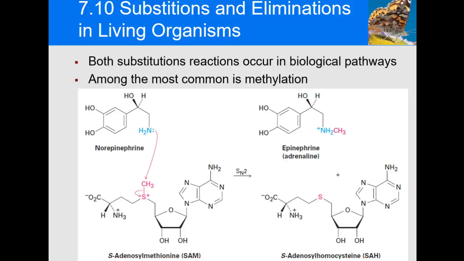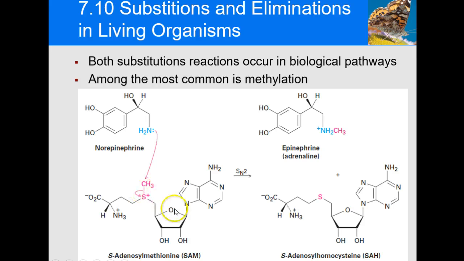So here's an example where they take norepinephrine and SAM, which is S-adenosyl methionine, and what happens is you methylate the norepinephrine to form adrenaline or epinephrine. Okay, so it kind of shows you an SN2 type of mechanism where your nucleophile is attacking your methyl group.